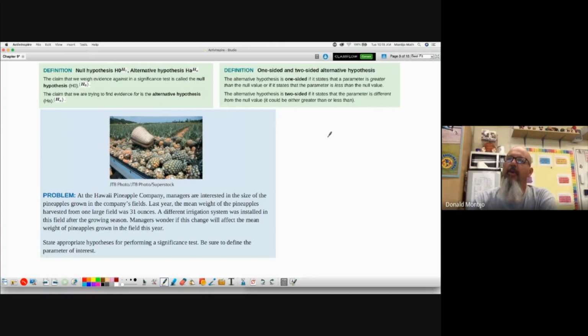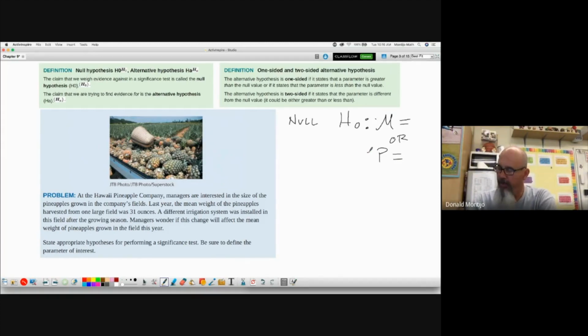The claim that we want to find evidence against is called the null. The null is written as H naught, and it's always going to be equals. For right now, it's either going to be mu equals or P equals, whether we're dealing with quantitative data or categorical data.